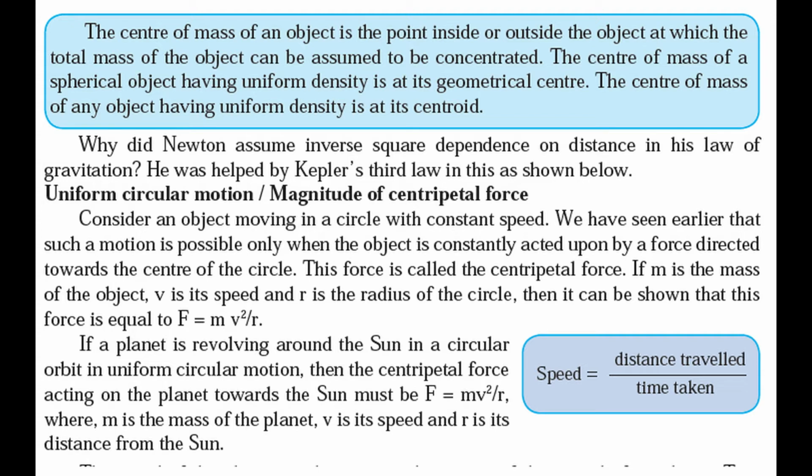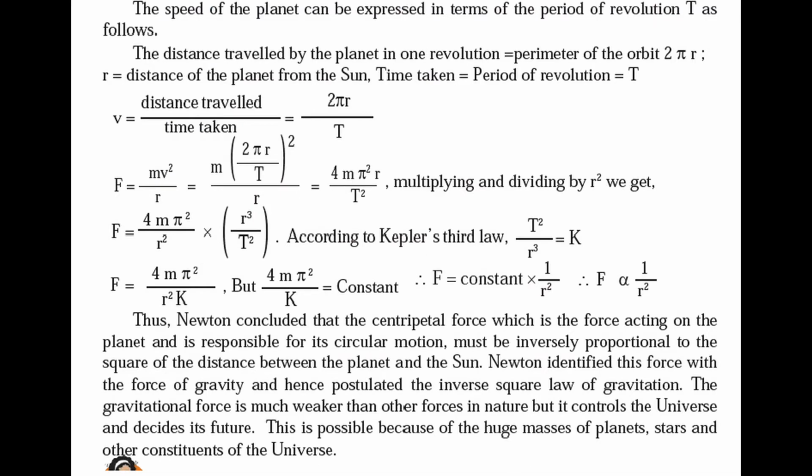If the planet is revolving around the Sun in a circular orbit in uniform circular motion, then the centripetal force acting on the planet towards the Sun must be F equal to m v square upon r, where m is the mass, v is the speed, and r is its distance from the Sun, because speed is equal to distance traveled divided by time taken. The speed of the planet can be expressed in terms of the period of revolution, which is capital T, as explained below.